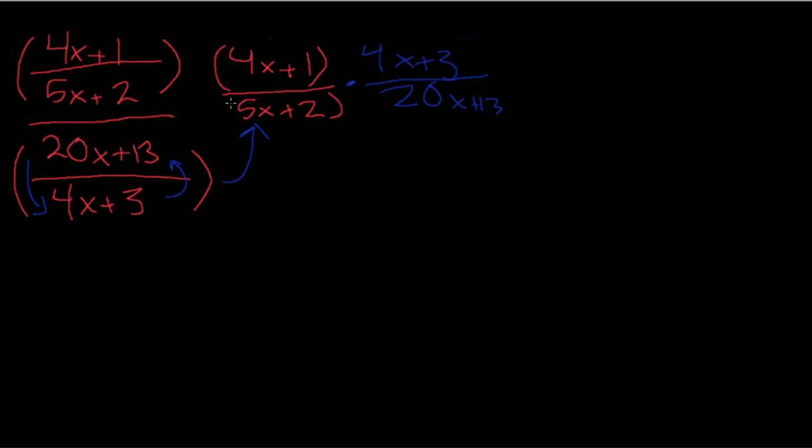So now what we do is multiply. So multiplying the top, we get 4x times 4x is 16x squared, plus 1 times 4x is plus 4x, and then 4x times 3 is plus 12x, and then 1 times 3 is 3, so plus 3.